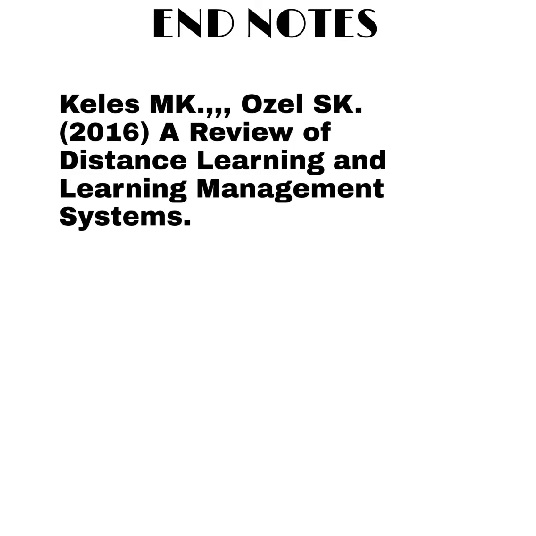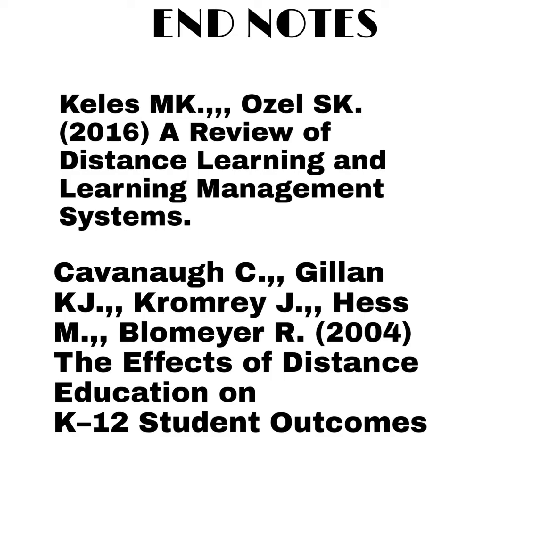and Learning Management System. The meta-analysis of Kavanagh, C., Gillian, K. J., Cromery, J., Has, M., and Blomier, R. was published in the year 2004, entitled The Effects of Distance Education on K-12 Students' Outcome.